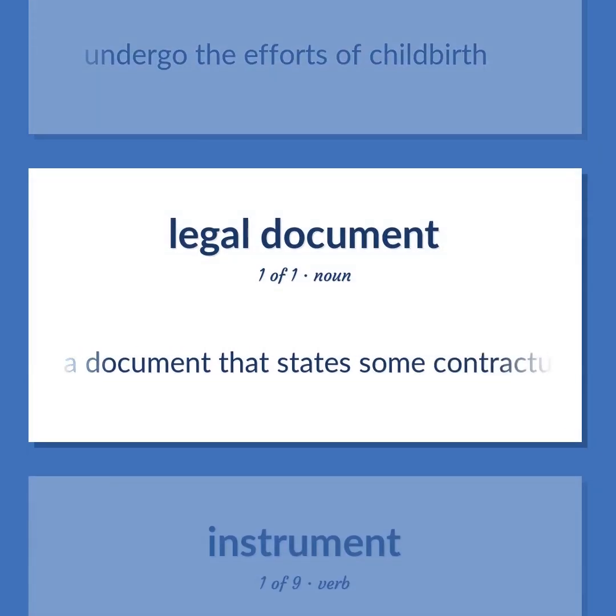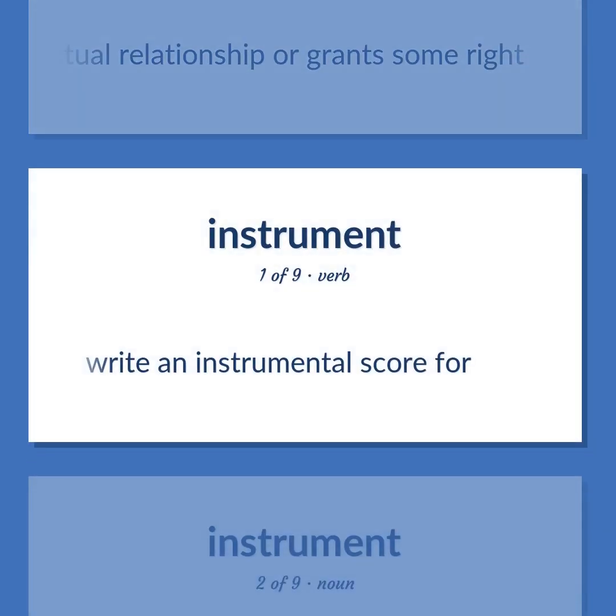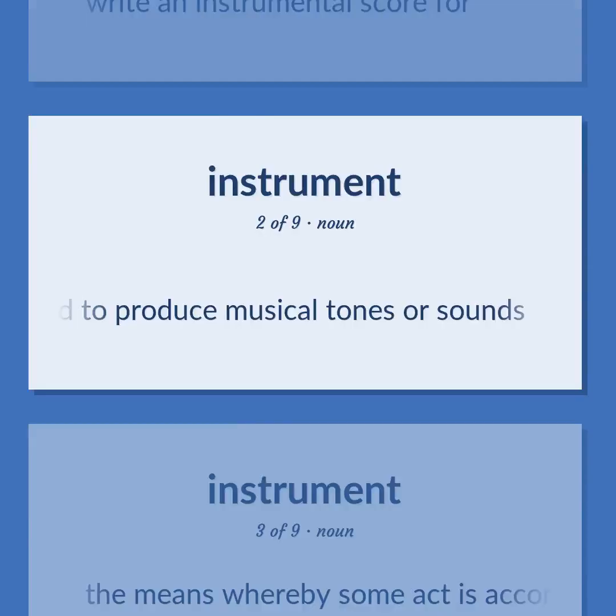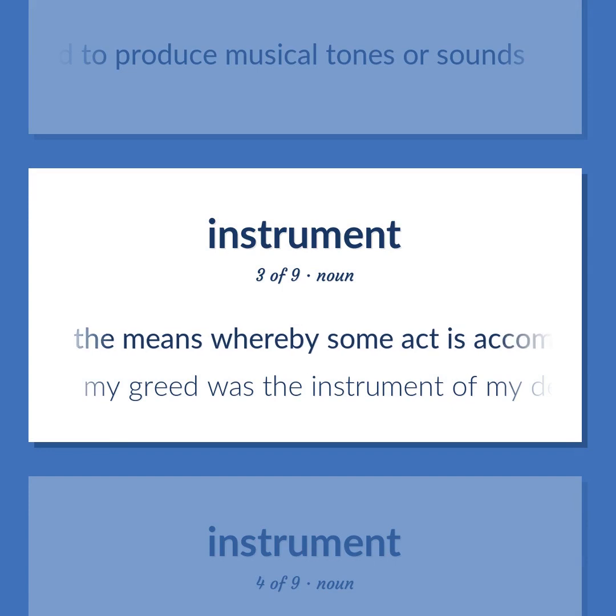Law. A document that states some contractual relationship or grants some right. Write an instrumental score for. Any of various devices or contrivances that can be used to produce musical tones or sounds. The means whereby some act is accomplished.